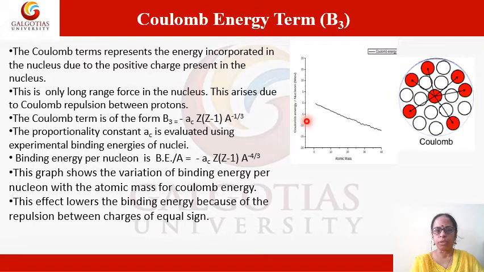The graph shows the variation of binding energy per nucleon with the atomic mass for Coulomb energy term. This Coulomb energy term lowers the binding energy because of the repulsion between the charges of equal sign.